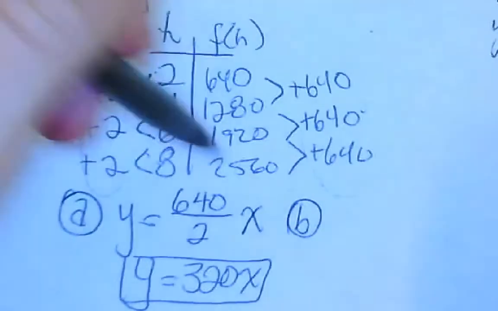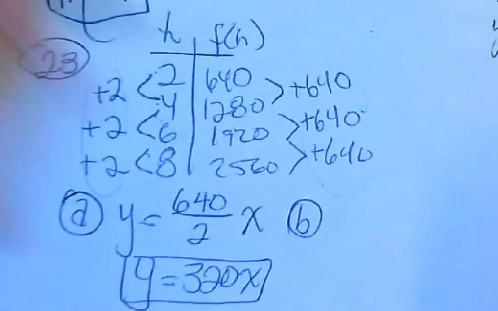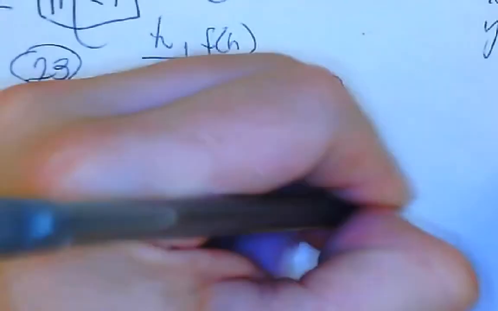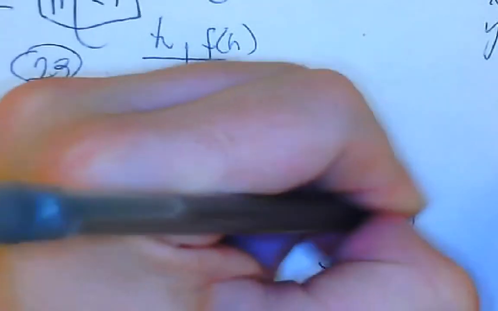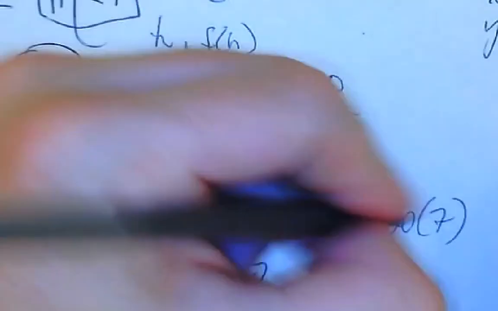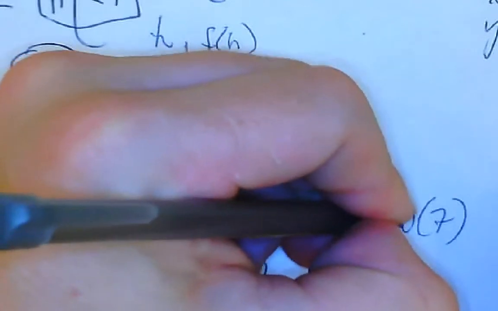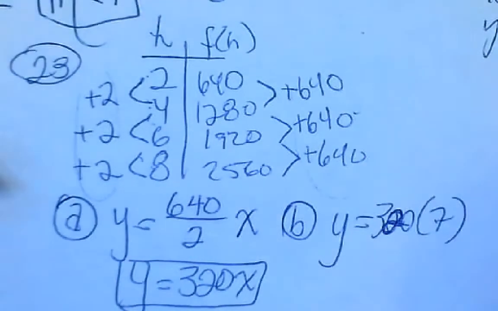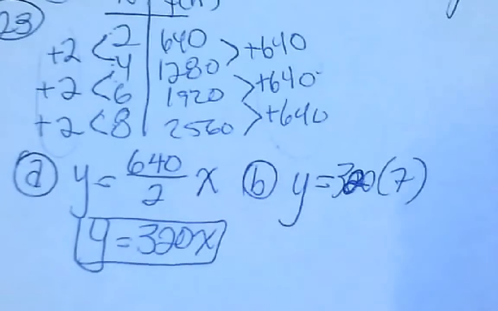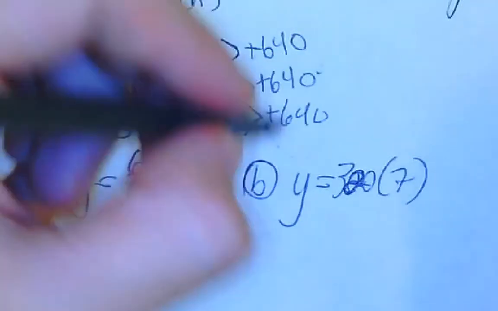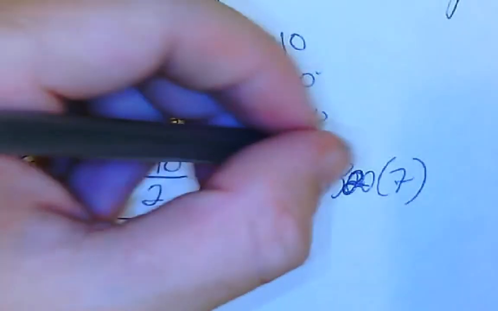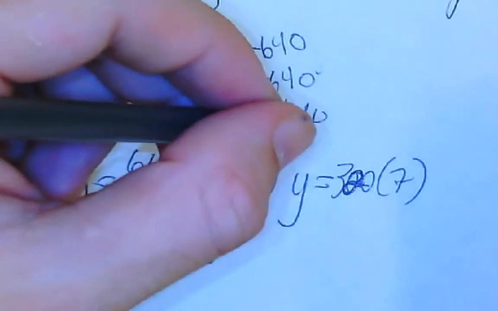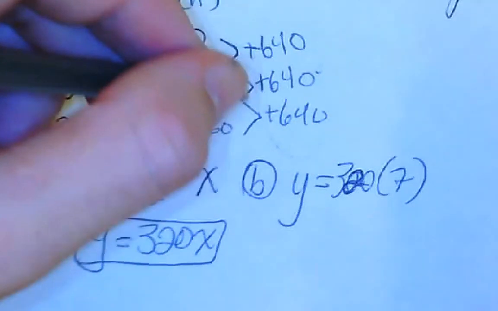Now for part B, it says the lawyer works for 7 hours. So you just put y equals 320 times 7. So 7 times 320.